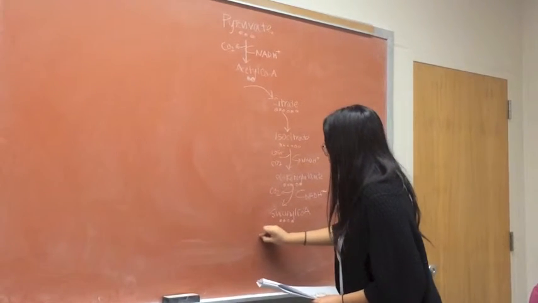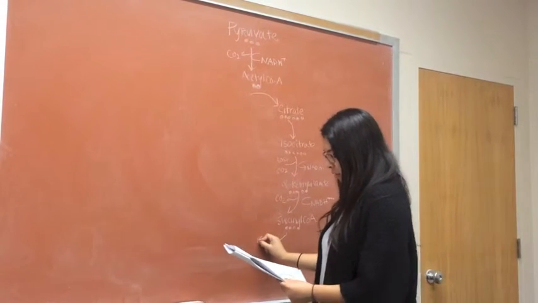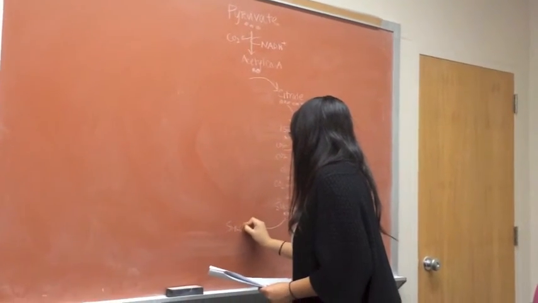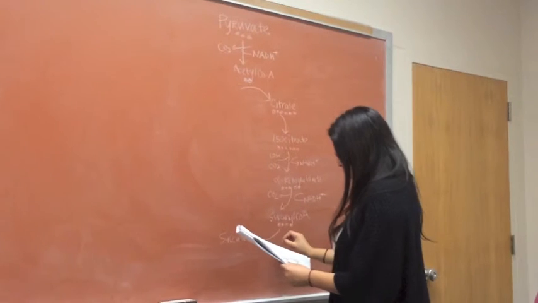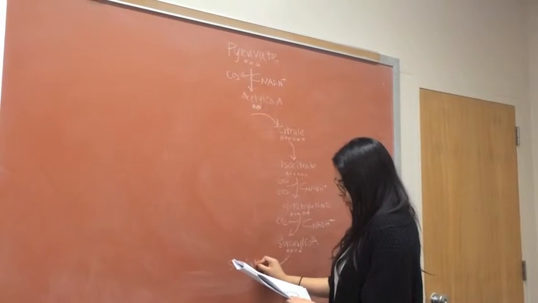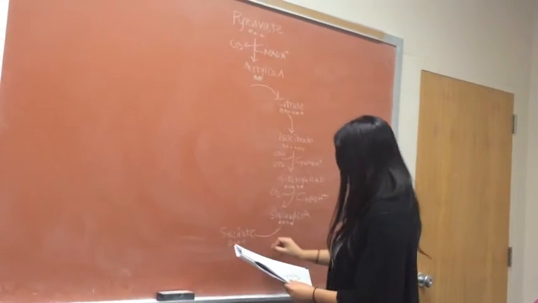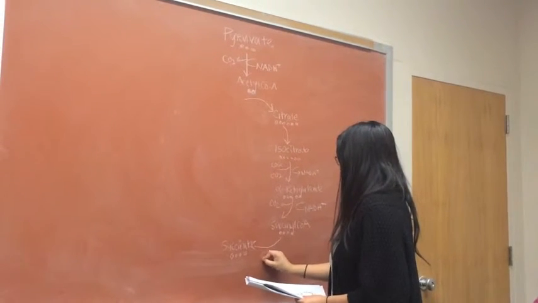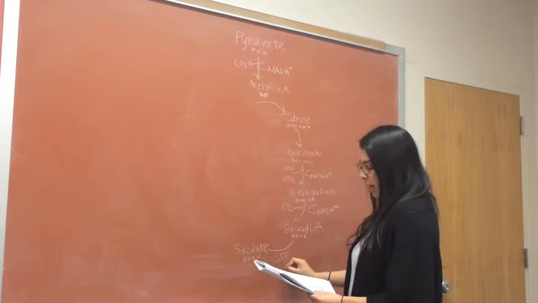This process happens again when succinyl-CoA is converted to succinate. Succinate has 4 carbons, and during this process, it produces GTP, which is just another way of saying ATP.